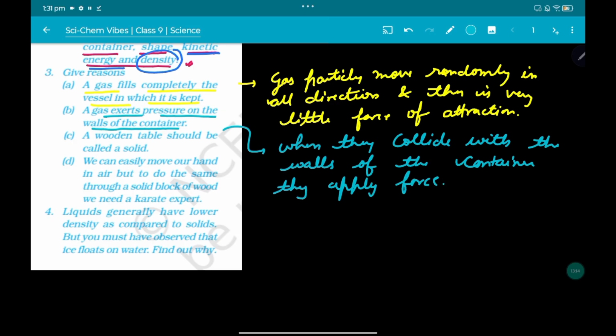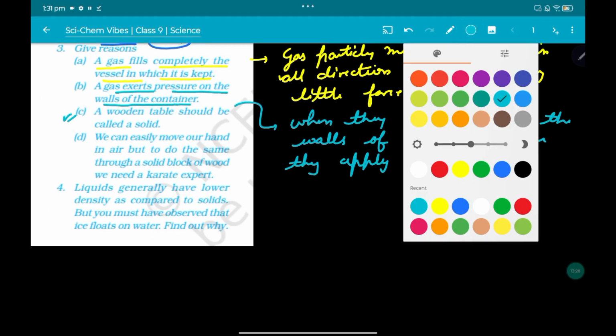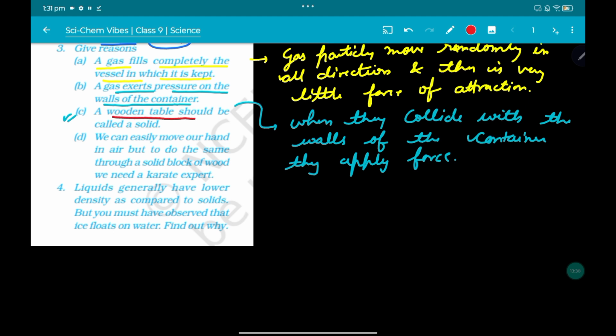Force on unit area is called pressure. So gases exert pressure. Next one is a wooden table should be called a solid because its particles are highly packed and it does not flow. That's why it is called a solid.